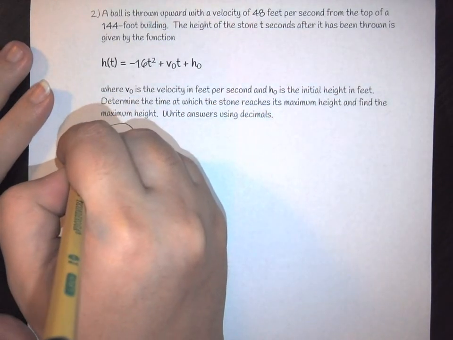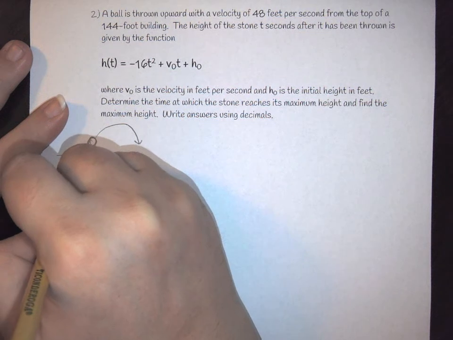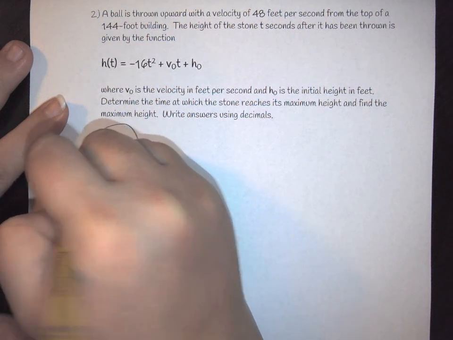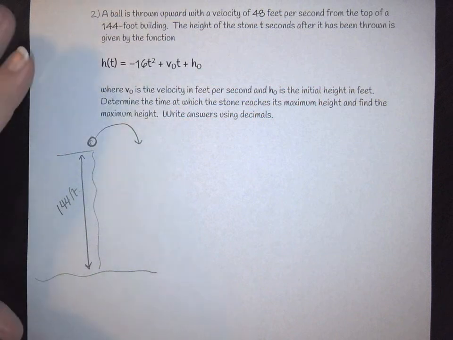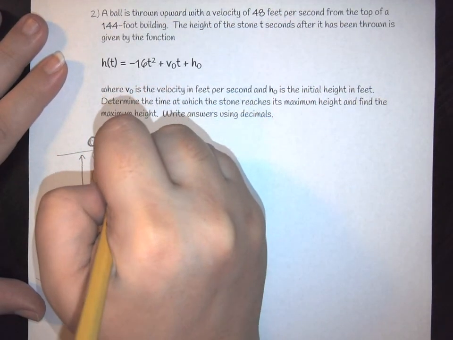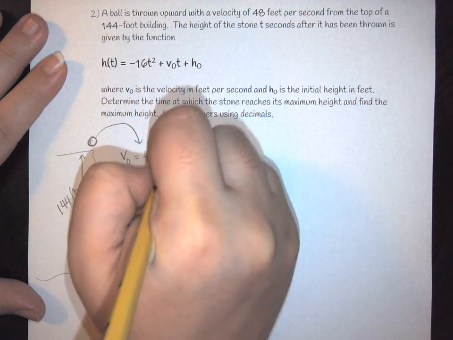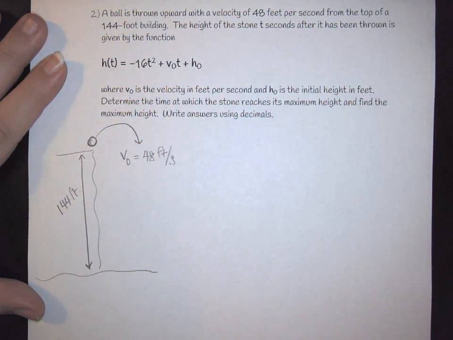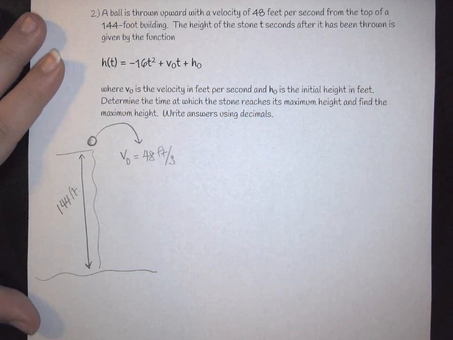So this distance from here down to the ground is going to be 144 feet. And then we're throwing with an initial velocity. So my velocity is going to be 48 feet per second. And we want to know how many seconds it takes.